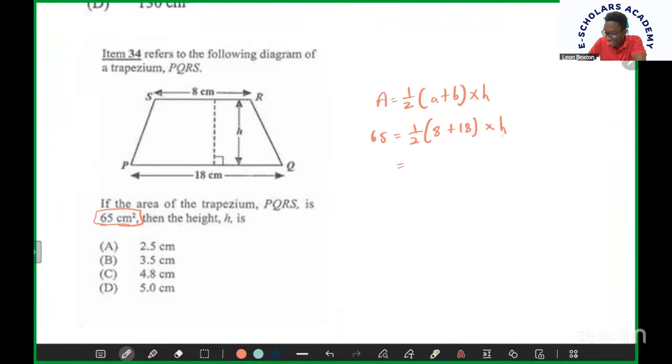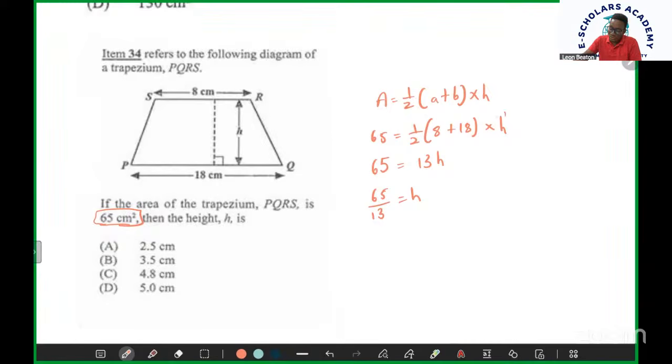So 13 times h gives 13h, which is equal to 65. This is just some algebra. To find the height, it will be 65 divided by 13. Even if you're not good with algebra, you have some answers here, 1, 2, 3, 4, but this all depends on timing, I would say.